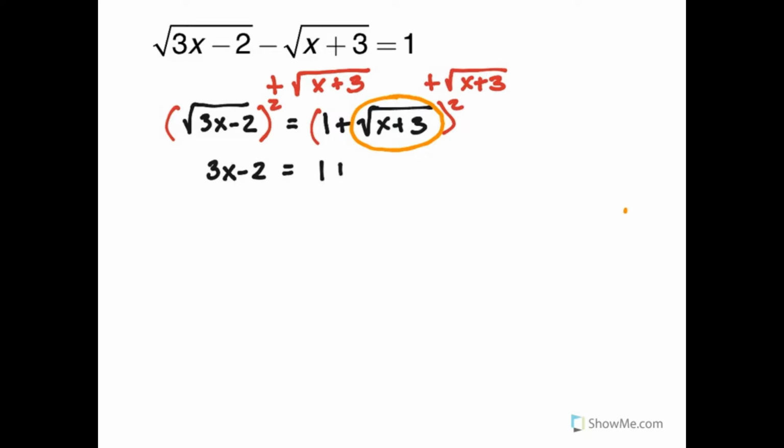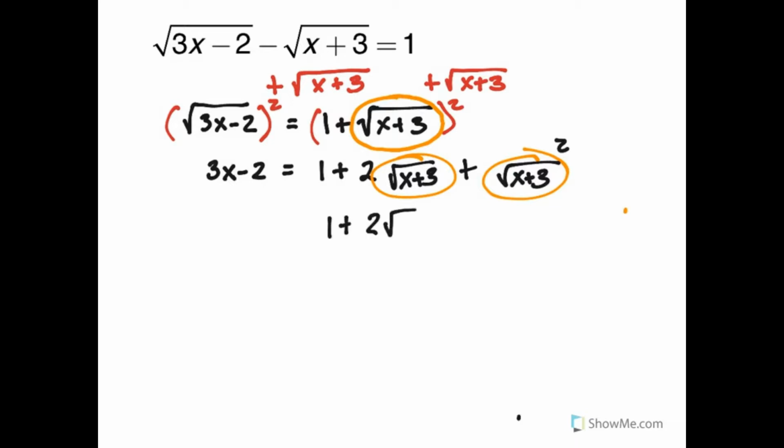So when I expand that, multiply it out with FOIL, I'll get 1 plus 2 times that expression plus the same expression squared. And when I fill it in, I can simplify it. 1 plus 2 times the square root of x plus 3 plus the square root squared gives me the inside by itself.